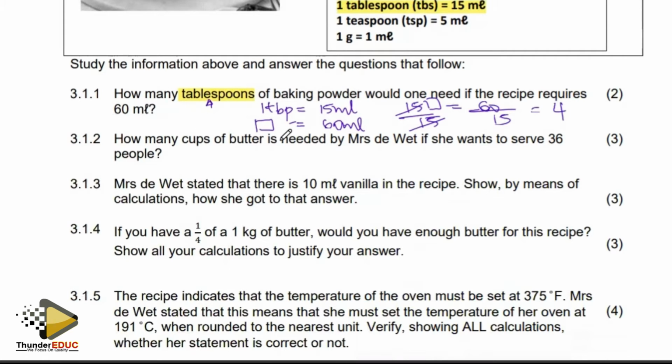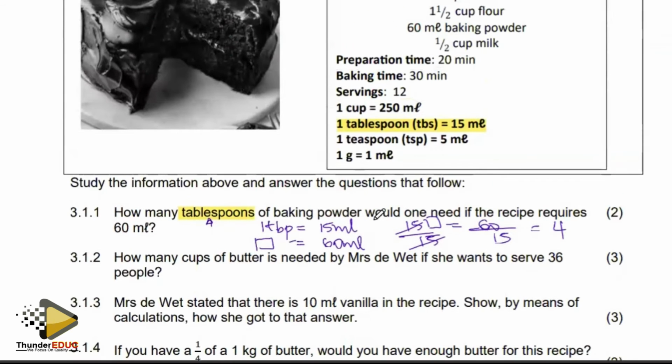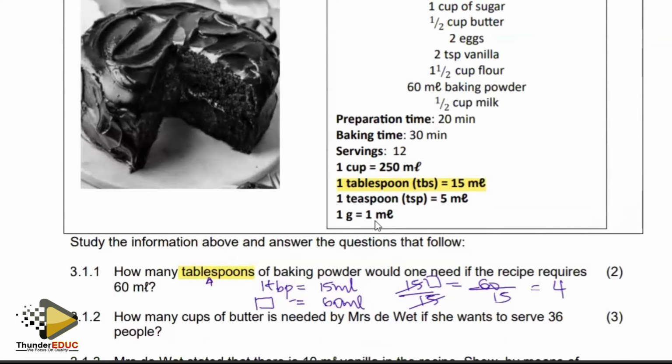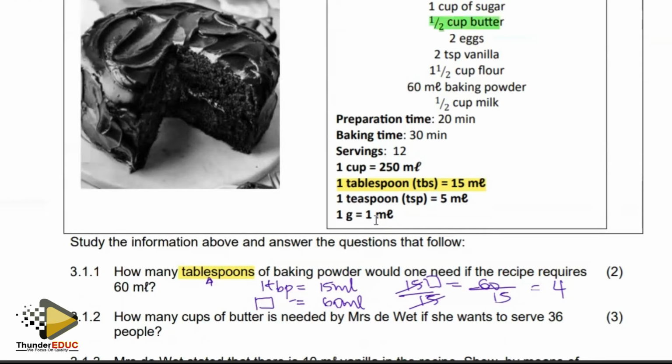How many cups of butter are needed by Mrs. Devet if she wants to serve 36 people? Take note of that. Now, butter, it's half a cup for serving 12.